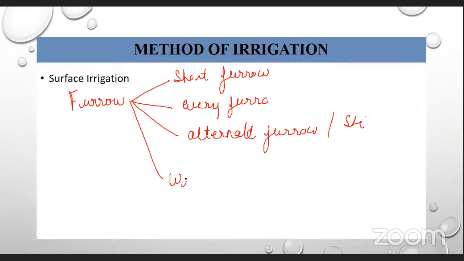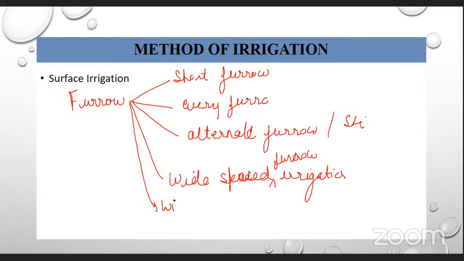And then we have the widespread furrow irrigation. And the last one is within row irrigation. These are the types of furrow irrigation.